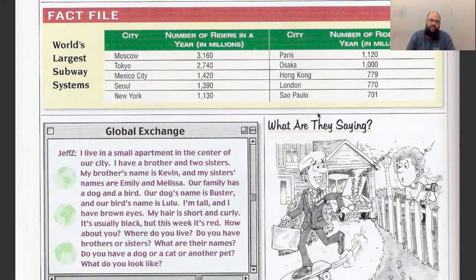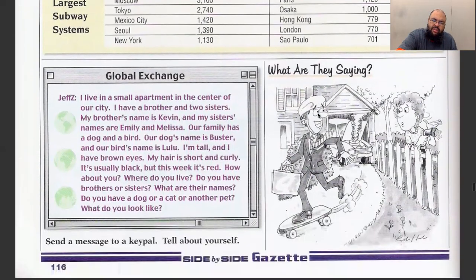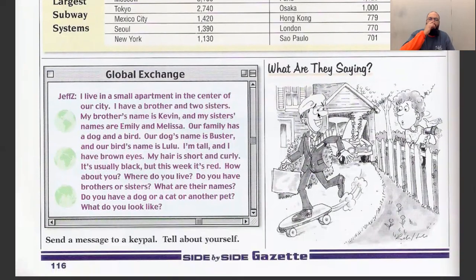In Paris, 1,120. Osaka, 1,000. Hong Kong, 779 millions. London, 770 million. And Sao Paulo, 701 millions. So let's look at these last two sections and we're done.